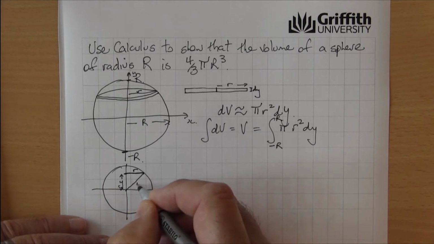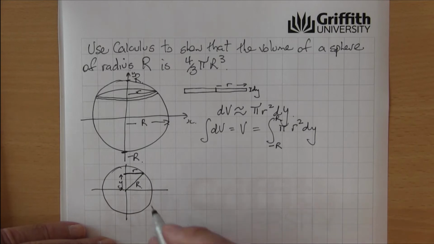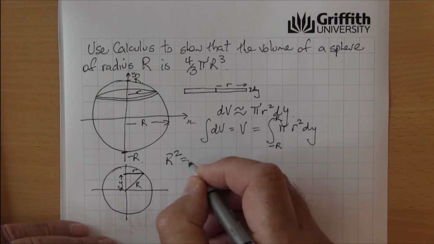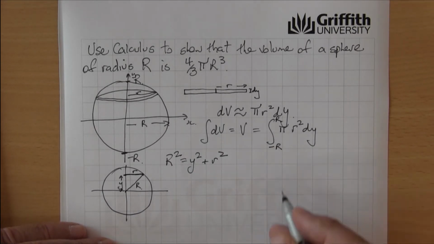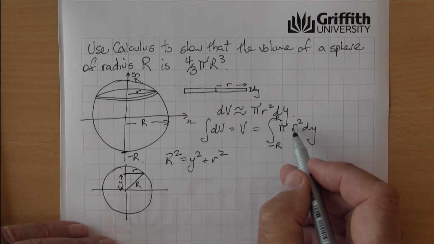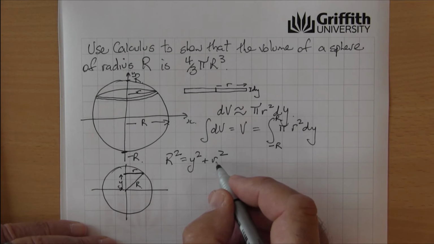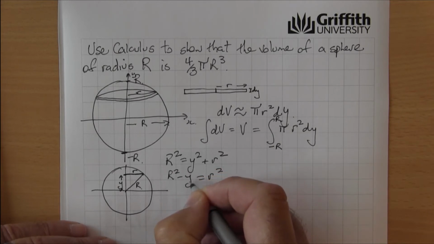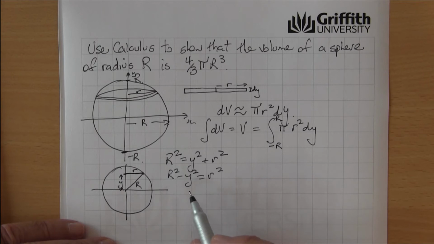And we know that that's going to be capital R, the radius of the sphere. So using Pythagoras, we've got R squared equals y squared plus r squared. We want to do a substitution for little r, so we can make it the subject here. So we've got r squared equals, bring the y squared over, and you get R squared minus y squared. R is going to be a constant for a given sphere.